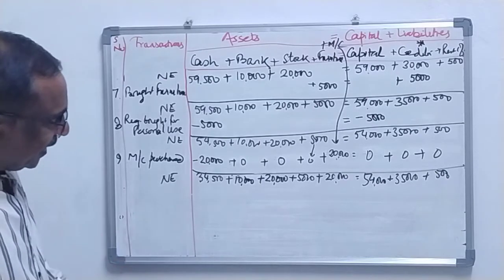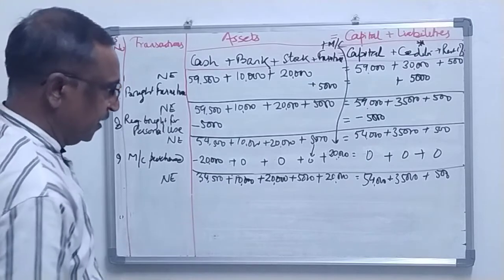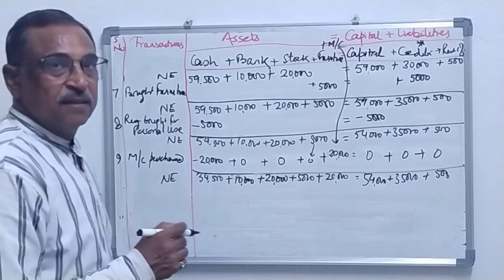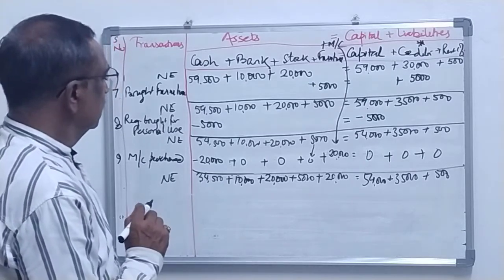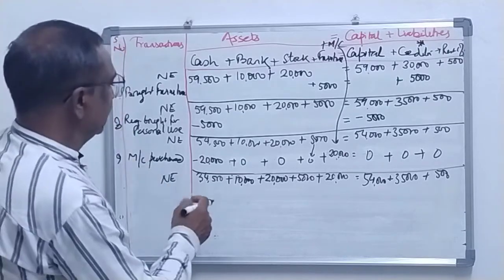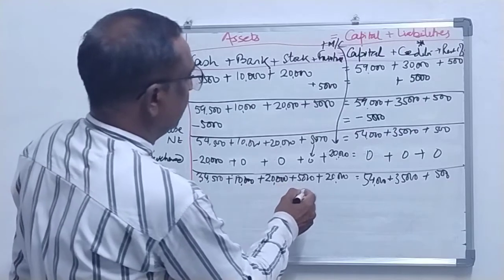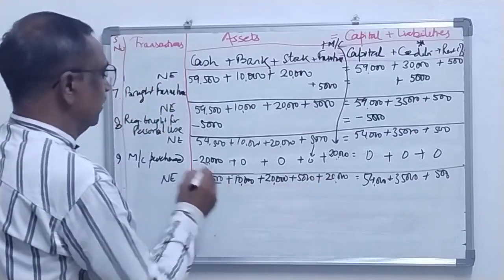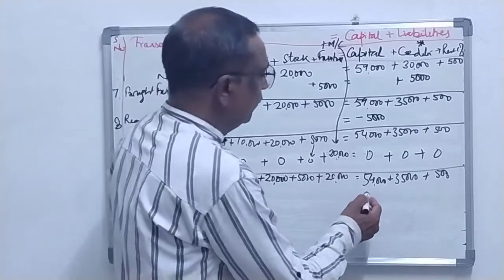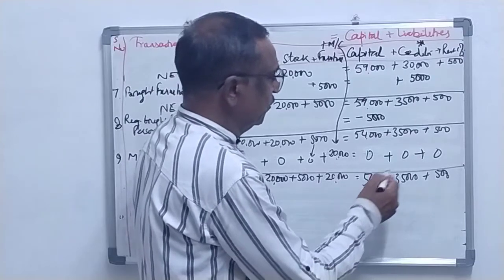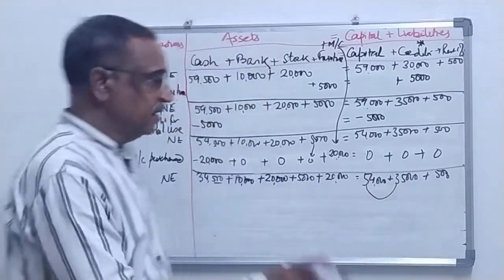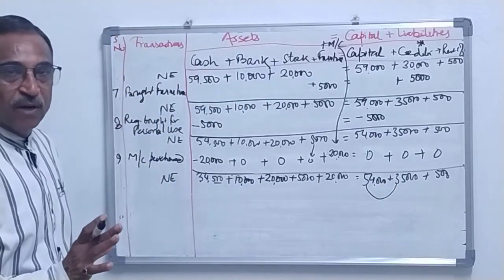Now we will add to find out if our calculation is right. 34, 44, 64, 69, 89, 89,500. 54, 5 plus 3, 8, 5 plus 4, 9, 89,500. That means both sides are equal.